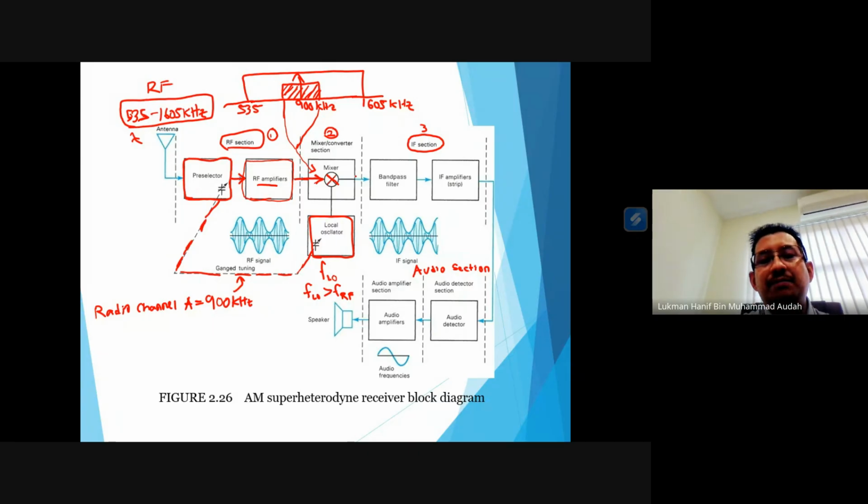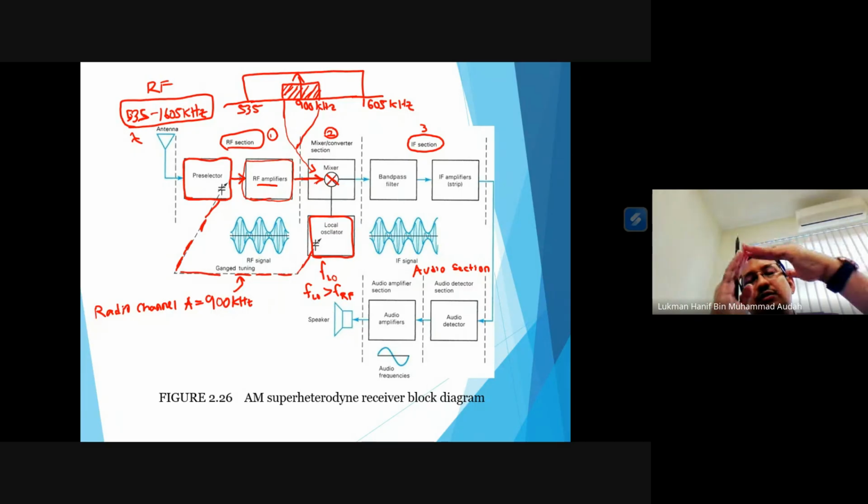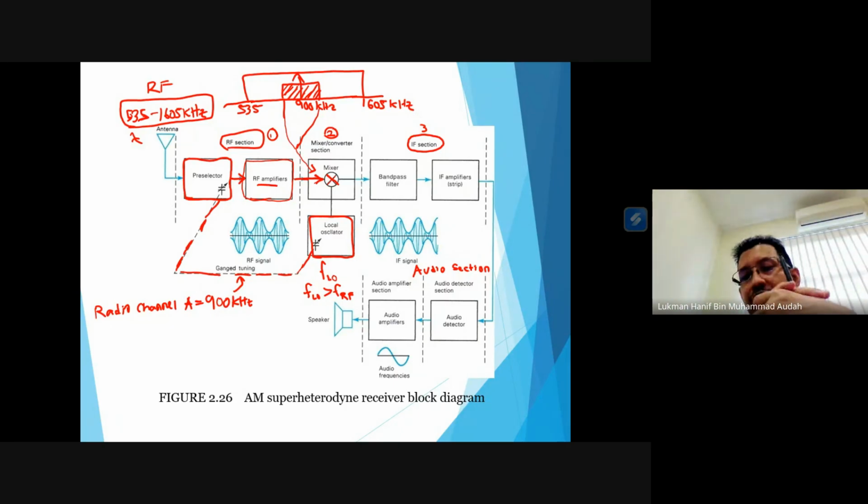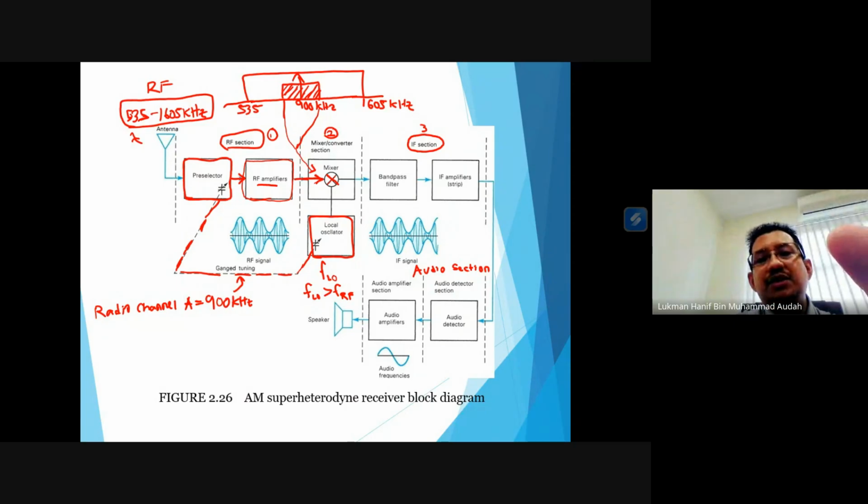If you remember previously, when we did the calculation of a mixer, when there are two inputs inside a mixer, it will do the process of multiplication. For example, sine and sine function, when we multiply, will produce cos minus cosine function. That means over here we are producing two sidebands.